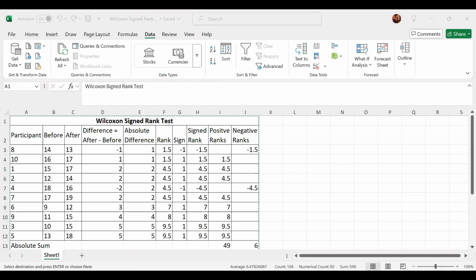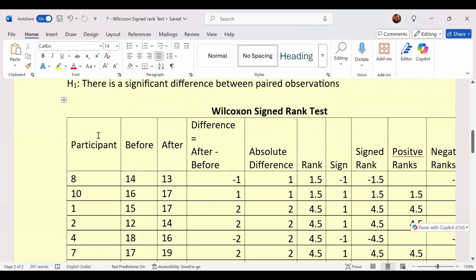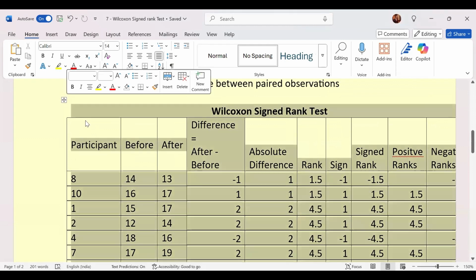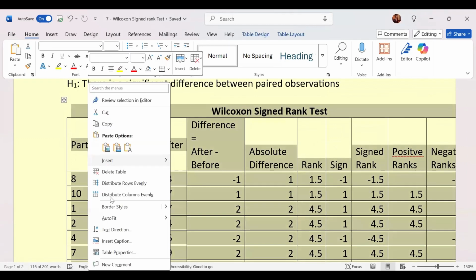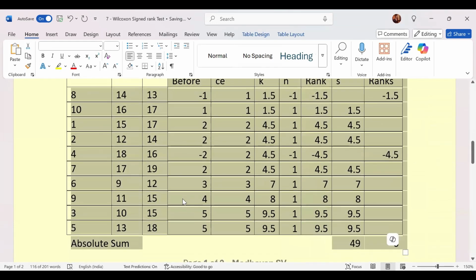So let us go to that Word file where I copied. So we can now notice that we already copied.